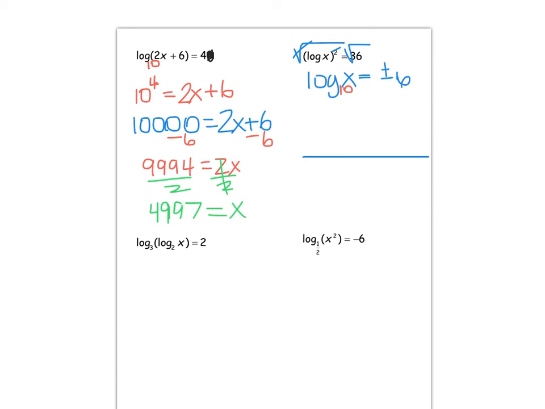So log equals the exponent. This is going to be 10 to the 6th equals x. Or it could be 10 to the negative 6 equals x. So 10 to the 6, that's a million. Or 10 to the negative 6, that's going to be 1,000,000th.